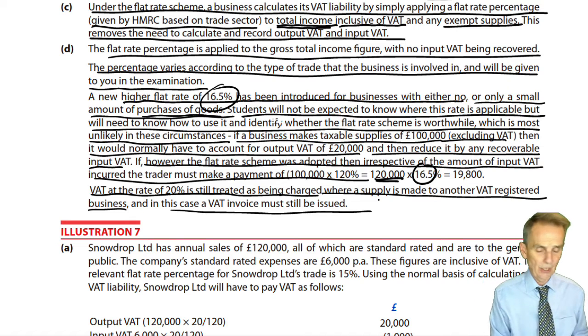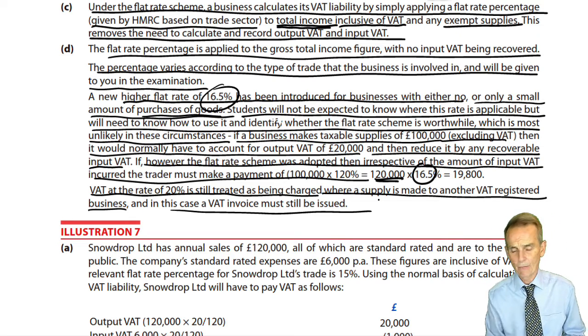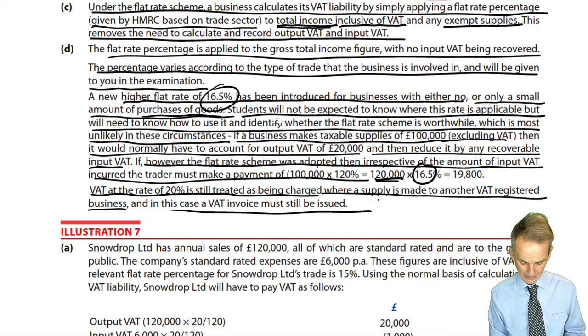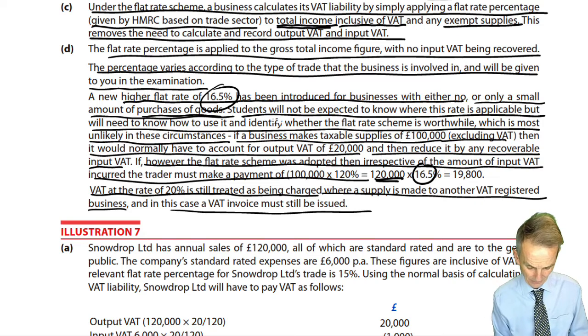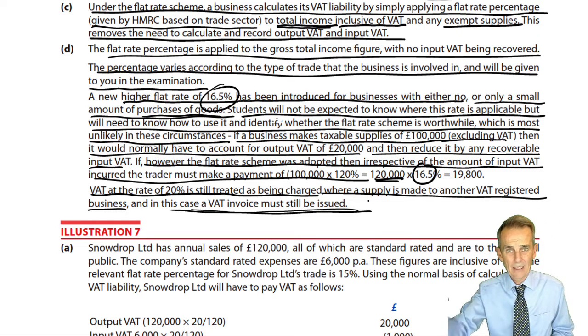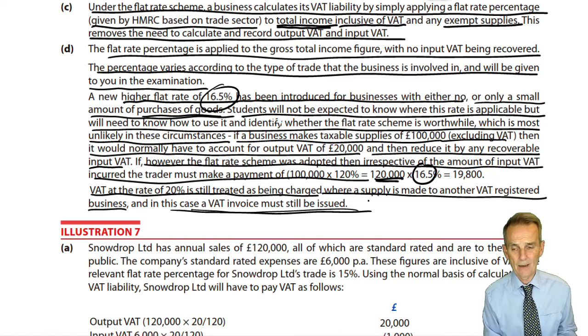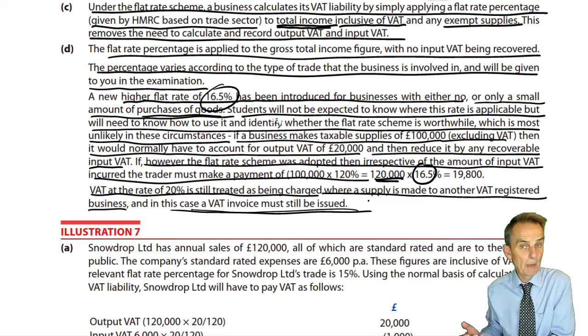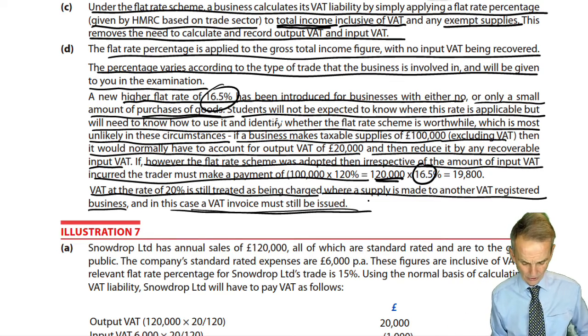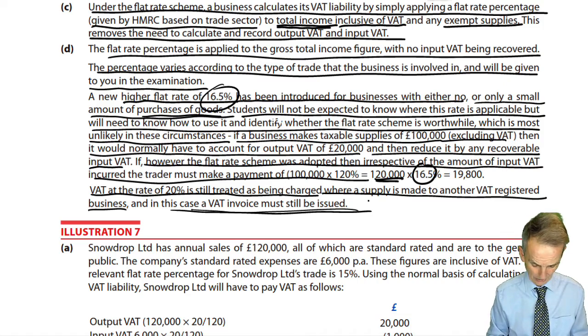You've got to charge VAT, whoever your customer is, VAT registered or not, but you only have to issue a VAT invoice to another VAT registered business, because they need proof of the input VAT that they've suffered when they submit their own VAT returns. So of course you've got to give them the relevant documentation.